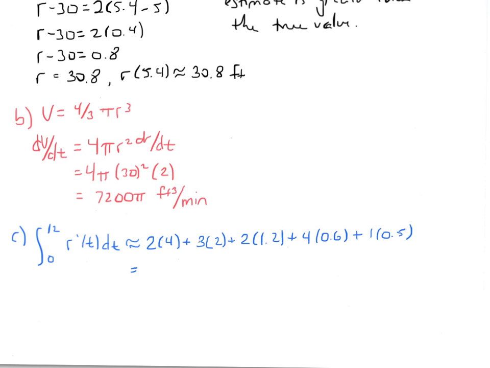So it's 8 plus 6 plus 2.4 plus another 2.4 plus a half. So what do we have here? 14 plus 4.8. So that should be 19.3.